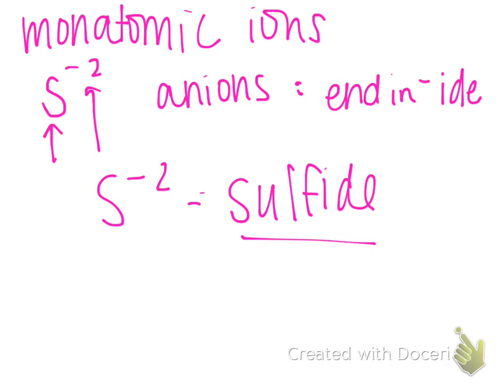Okay, so let's look at Cl-. Sometimes you'll see it as -1. I usually leave off the 1 if it's a charge. Even if it's +1 or -1, I just usually give that symbol. Does that make sense? Okay, so if it's the symbol without the number, you just assume it's a 1. So if you see Cl-, what would be the name of that monatomic ion?